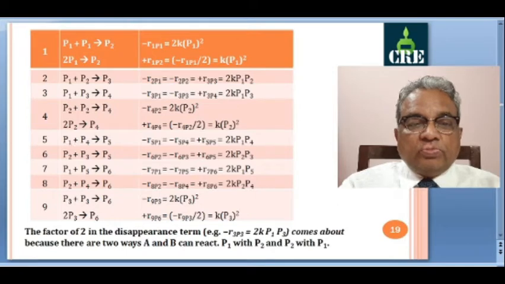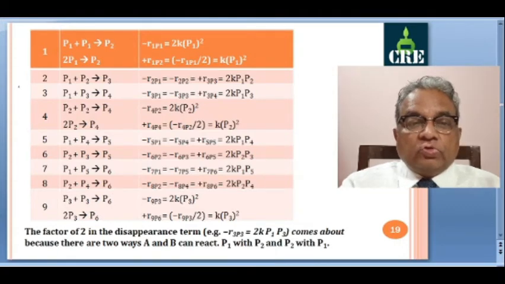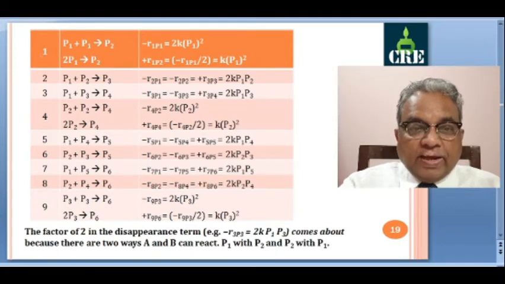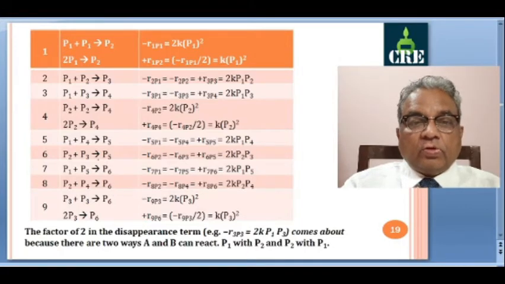Then P1 plus P4 is P5, P2 plus P3 is also P5. Then P1 plus P5 is P6, P2 plus P4 giving P6, P3 plus P3 also giving P6. This I can write as 2P3 giving P6. So these reactions are numbered 1 to 9, and we have considered up to hexamer formation.